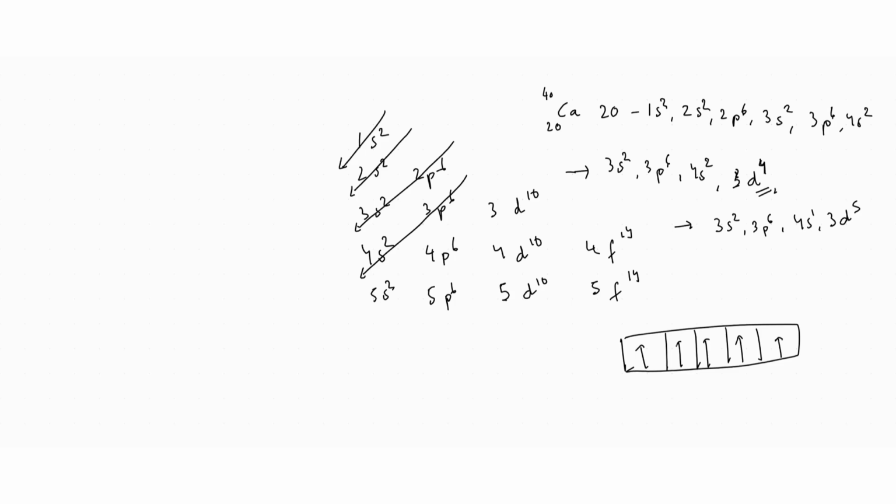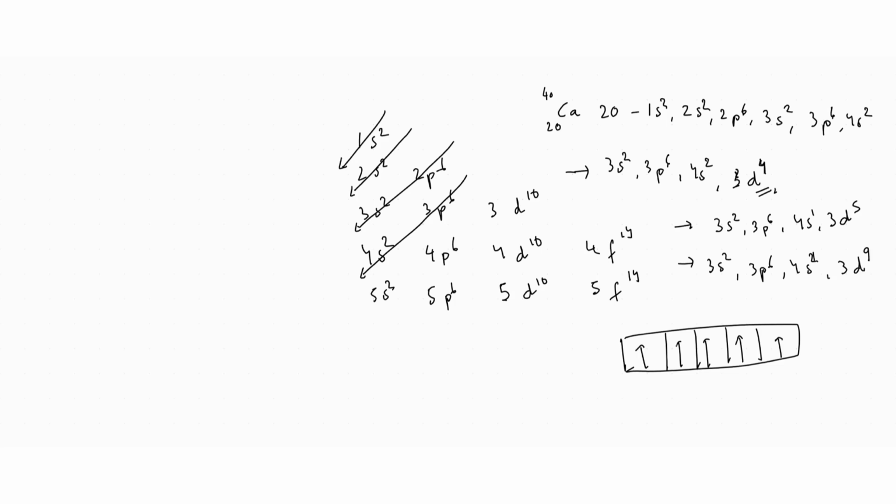Now the next twist is again where we have 3p6, and the next electron we again arrange in 4s1, and here 3d will reach 9.